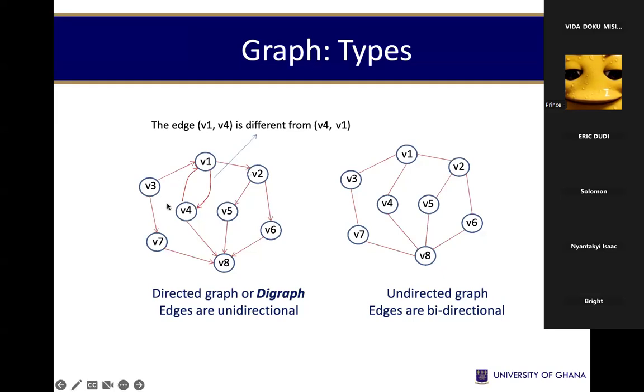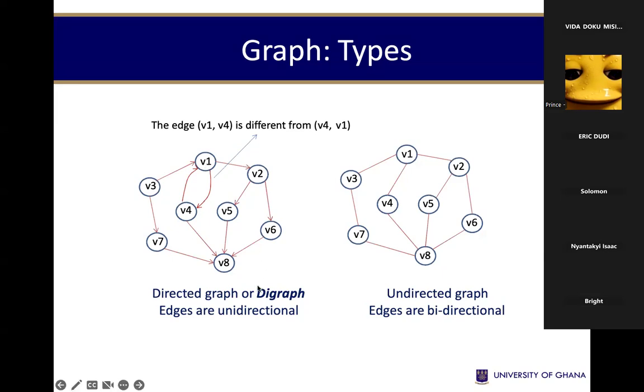But for us to have a directed graph, we should have arrows differentiating the origin and the destination. So for example, in this case, Vn3, Vn1, we know that Vn3 is the origin and Vn1 now becomes the destination. Please, do you understand now?